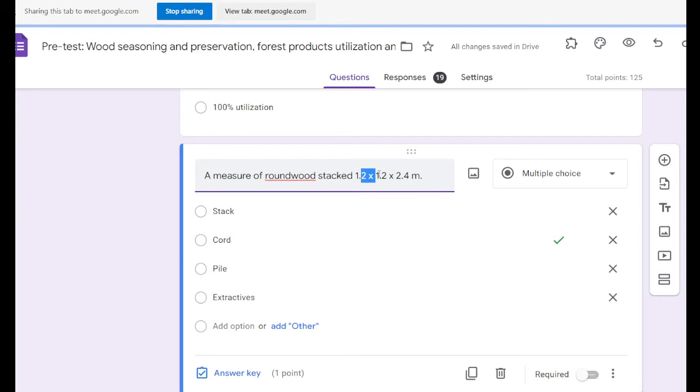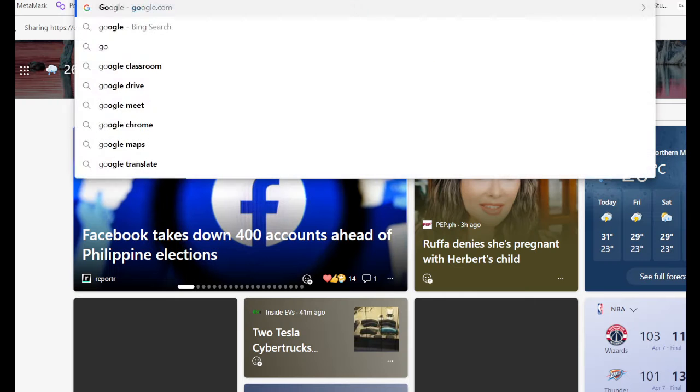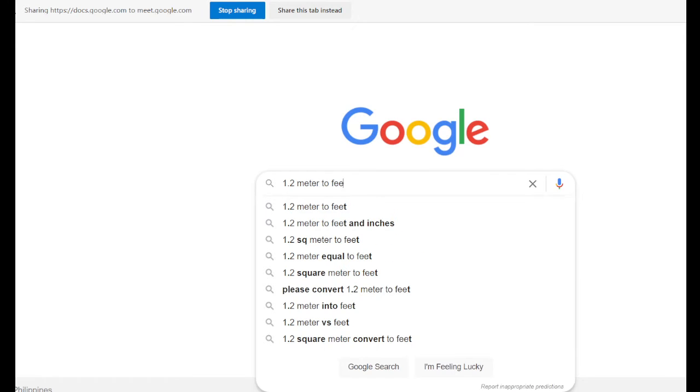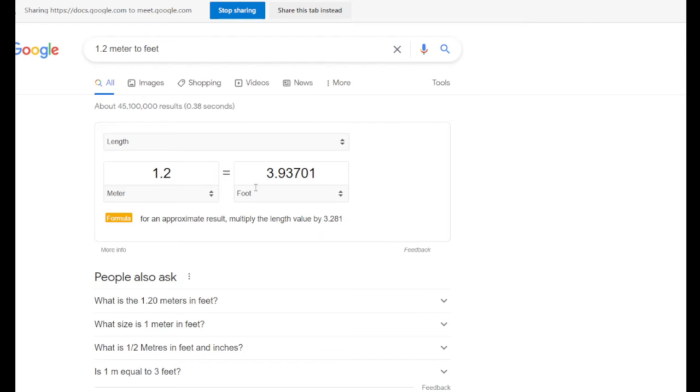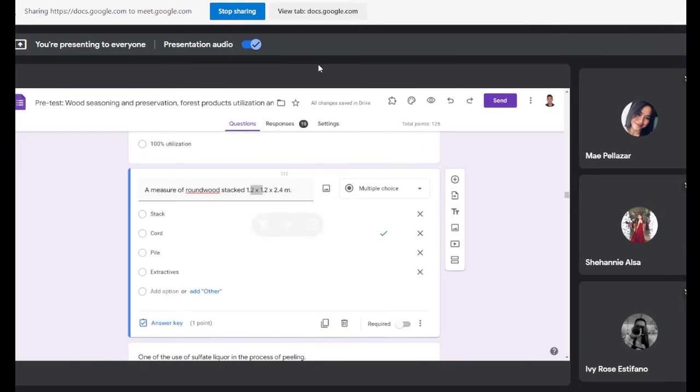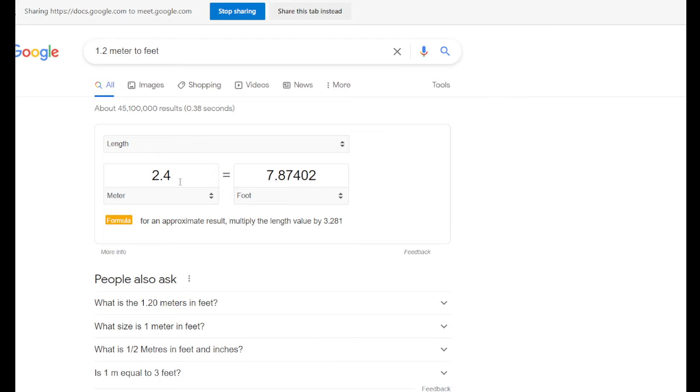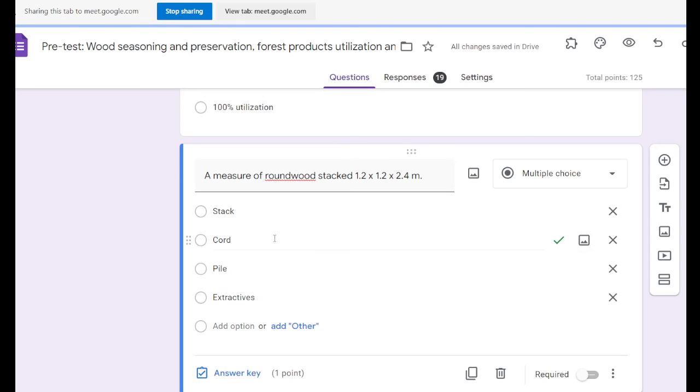So ang 1.2 meter to foot, around 3.9. So ang typical nga sukod ani is around 3.9 by 3.9 by 2.4, so that's around 4 sa actual nga sukod sa cord, that is 4 by 4 by 8.